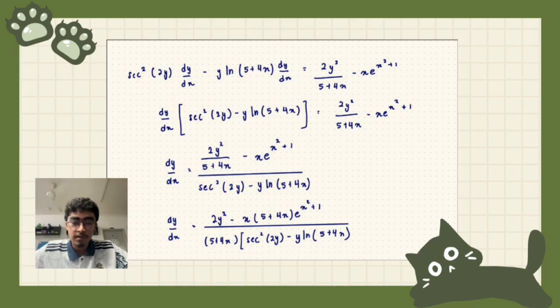Then we solve for dy over dx. We get (4y squared minus 2x times (5 plus 4x) e to the power of x squared plus 1) over (5 plus 4x) times (2 sec squared 2y minus 2y ln(5 plus 4x)).